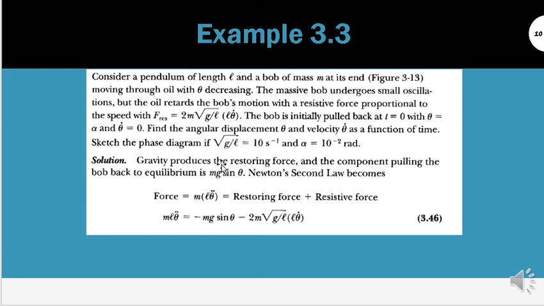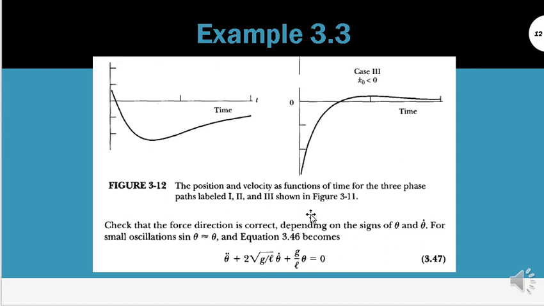Now, substituting the value of the restoring force and the resistive force, you have this final equation of motion. Then we check that the force direction is correct depending on the sign of theta and theta dot.